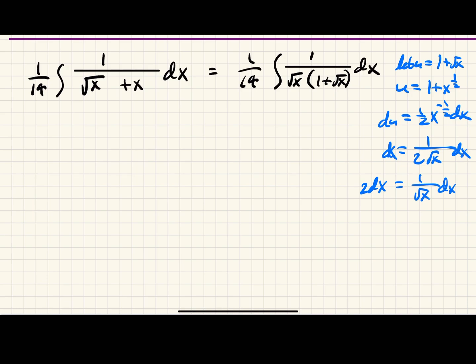Okay, so let's do that substitution now. I'm going to have that 1 over 14 out here, and then I'm going to have an integral. That 1 over square root of x dx is 2 du, right? I misspelled u over here.